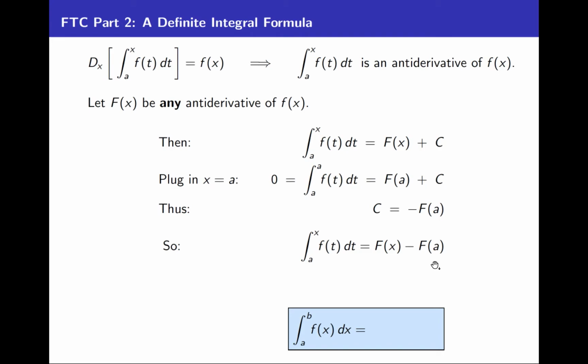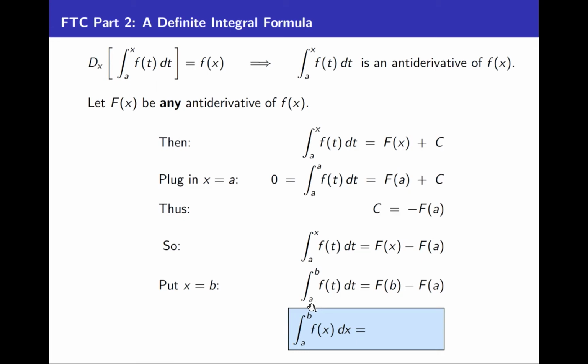Now, for this x, we plug in the value x equals b. So here and here, we just plug in b, and we get the integral from a to b of f of t dt equals big F of b minus big F of a. We've got a really simple expression for this definite integral now. There are no x's anywhere in this expression now that we've plugged in x equals b, so we can just change that t back to an x.